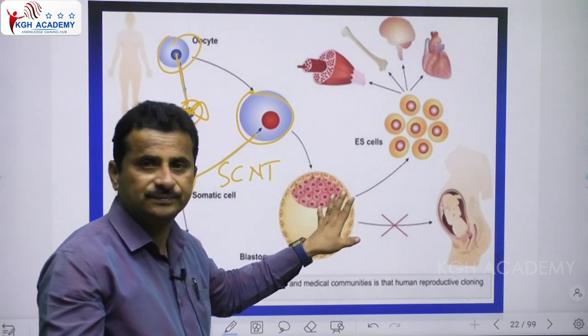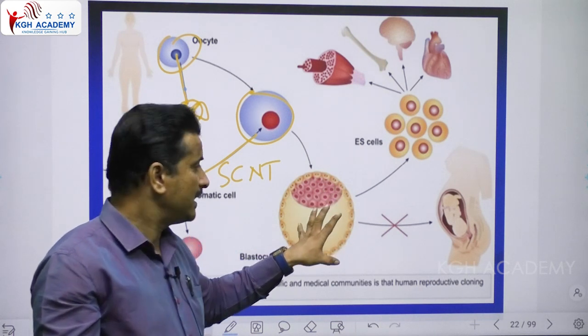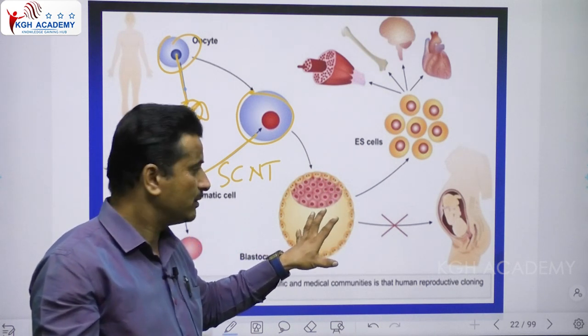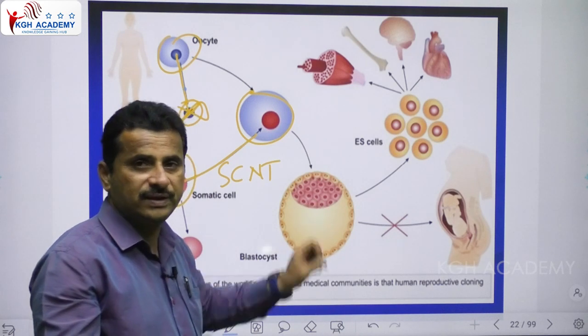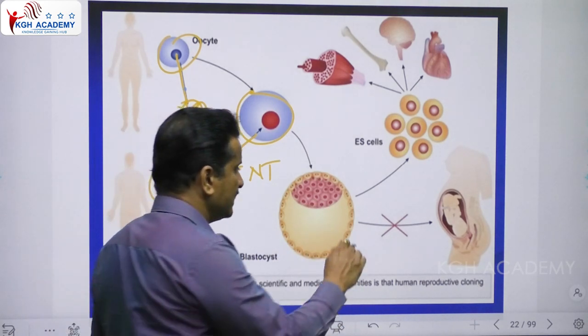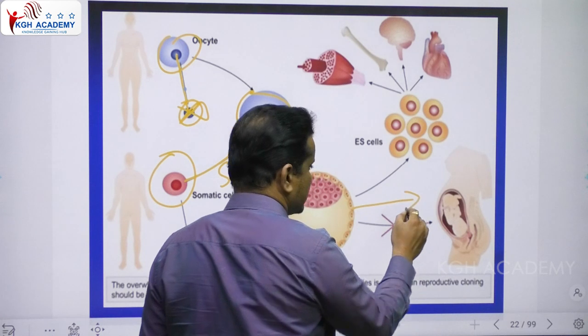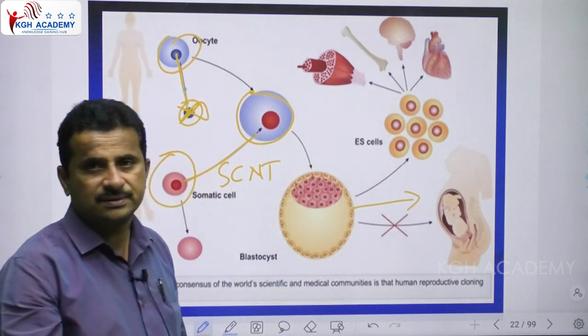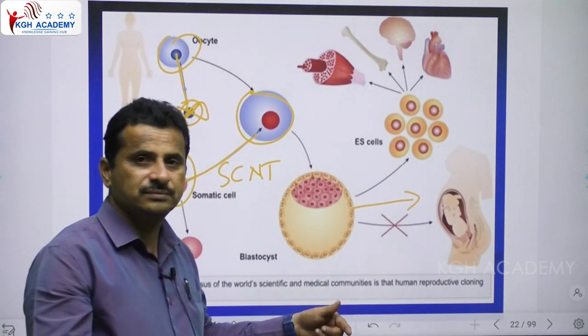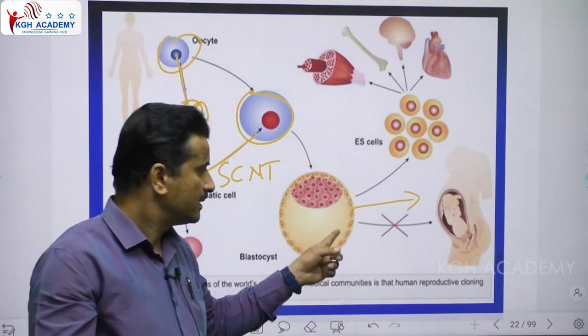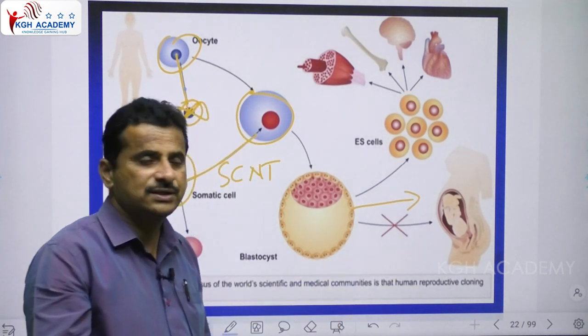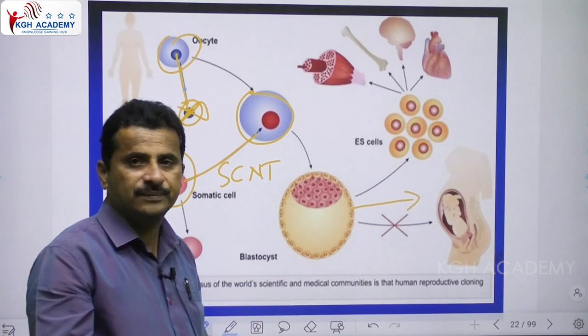After here, we are utilizing this blastocyst embryo in two ways. In case it is introduced into the surrogate mother's uterus to develop and produce a baby, that is called reproductive cloning.